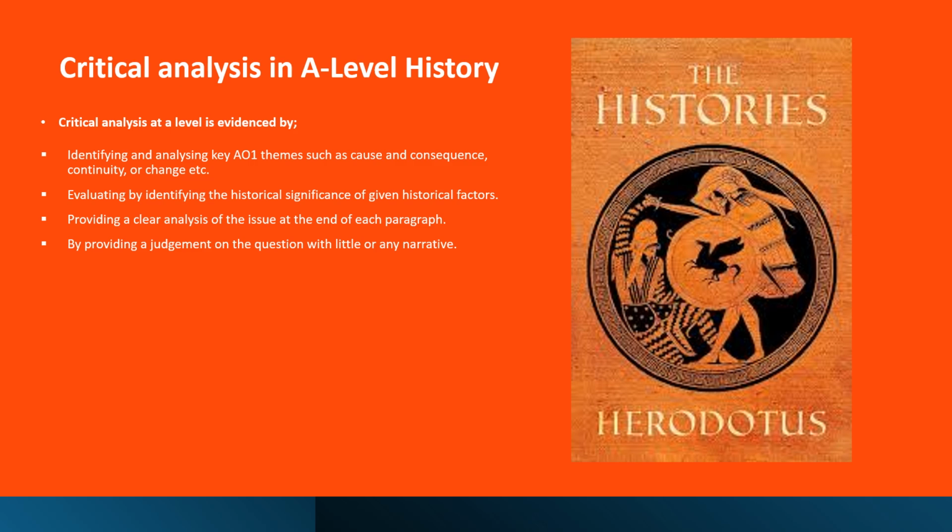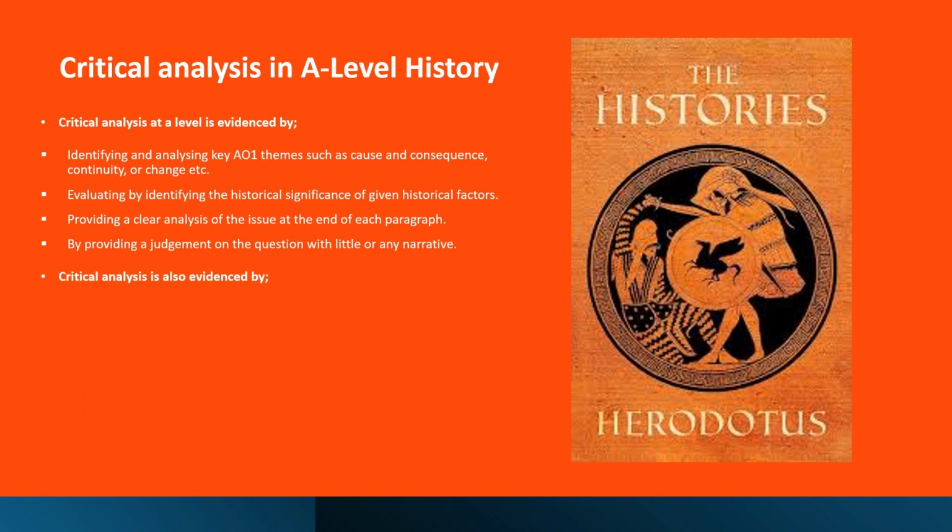So avoid putting narrative in and avoid describing the issue, and concentrate on identifying a judgment as to whether the claims being made about the historical issues are backed up with any evidence from other historical sources.